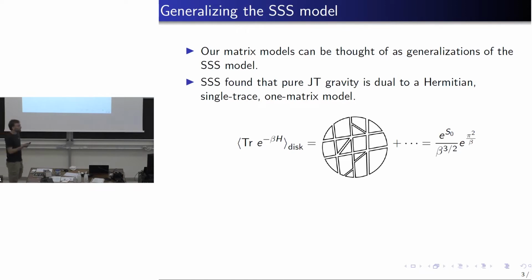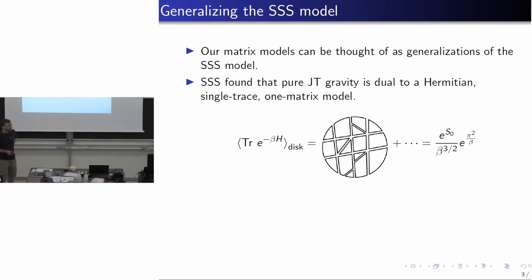There they found that pure JT gravity was dual to a Hermitian single trace one matrix model. Here we can compute the partition function, trace e to the minus beta H. This is just the expectation value in the ensemble. And by writing disk here, I mean I'm working to leading order in the genus expansion, or the large N limit, or the large e to the S0 limit in the double scaled case.